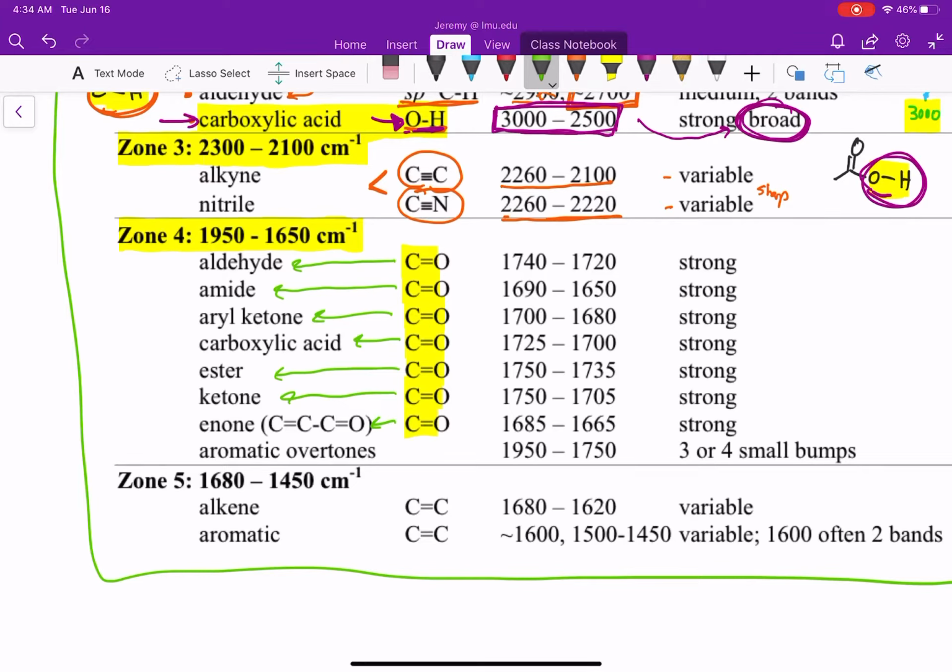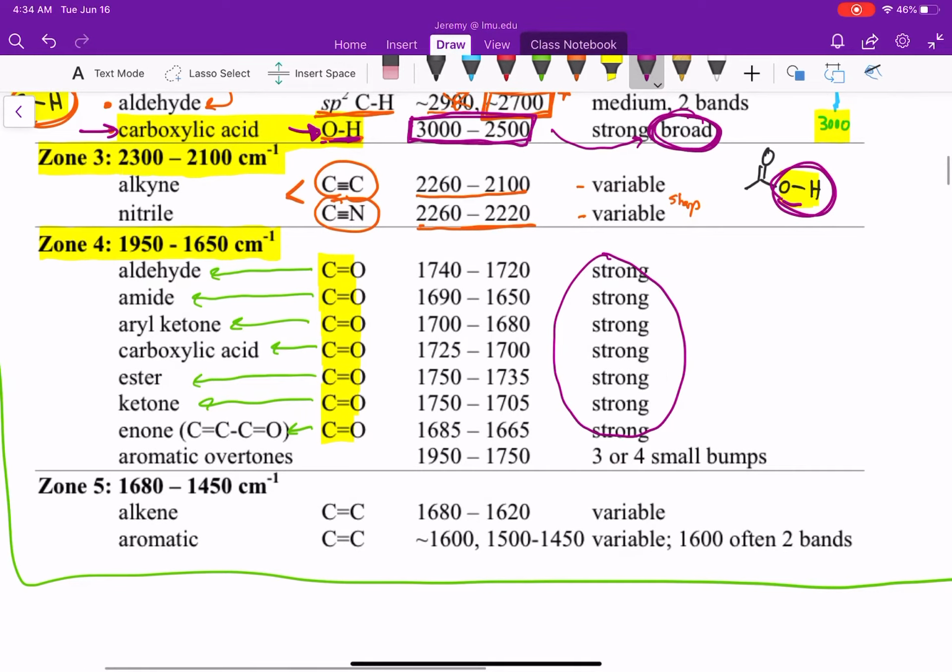These are all going to be found in zone 4. I want you to notice all of these are going to be very, very strong peaks. It'll be obvious that you have a carbonyl. In my class, and generally speaking here, we can just combine these. I don't need to separate these out to get specific because there's a lot of overlap.